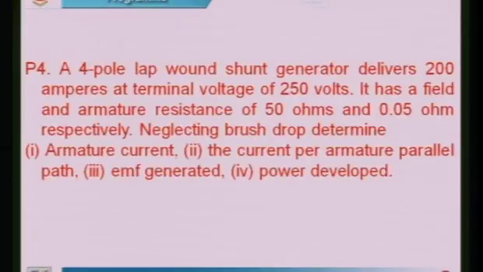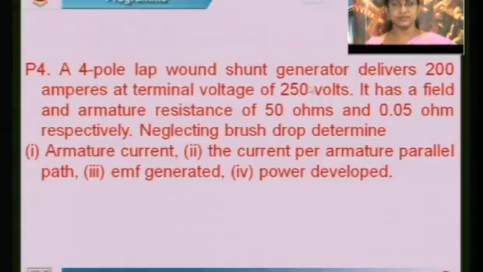Here the calculated data required is more. You read the problem thoroughly. It is a 4-pole lap wound shunt generator. It delivers 200 amperes, meaning IL is equal to 200, at a terminal voltage of 250 volts. It has a field resistance of 50 ohms and an armature resistance of 0.05 ohm.